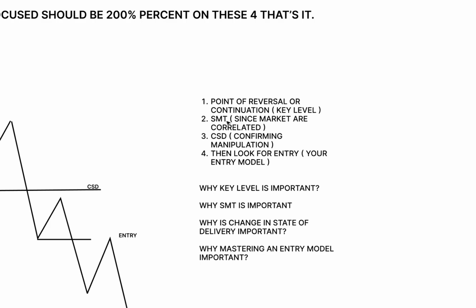SMT is not really that necessary, but if you're an ICT trader, it's okay, I guess. Not very necessary, but it helps. It helps a lot. CSD is necessary, and your entry model is super necessary. You don't need more than that. That's all you need.